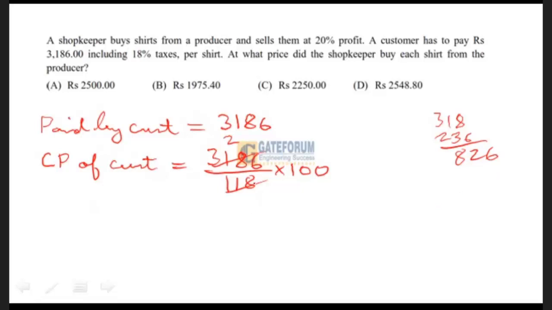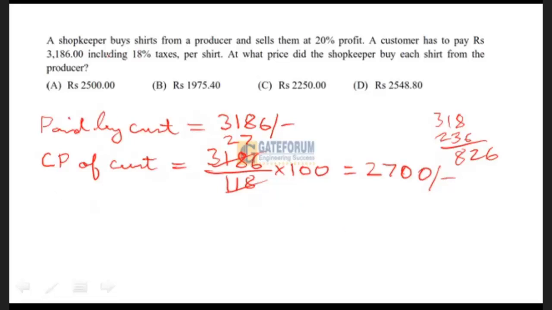So 8 only multiplied by 2 and 7 gives us 6 in the units digit. 7 8s are 56. 77 plus, yes. So this is 7. So that is 2700. So this is the cost price of the shirt.